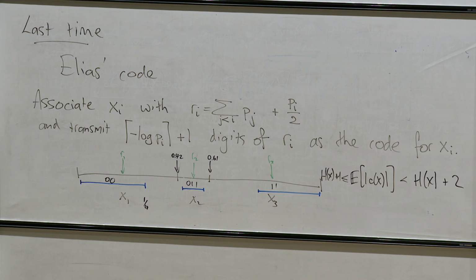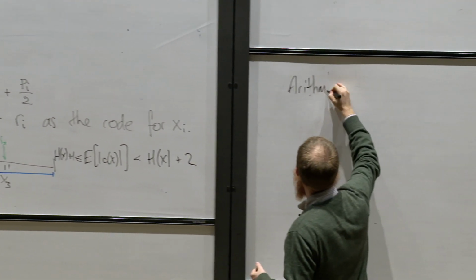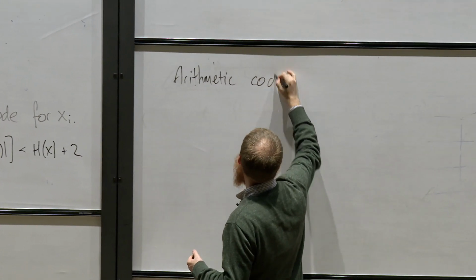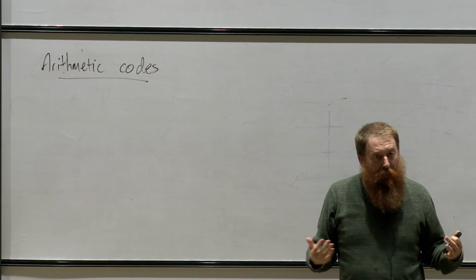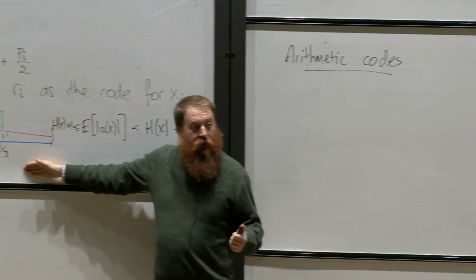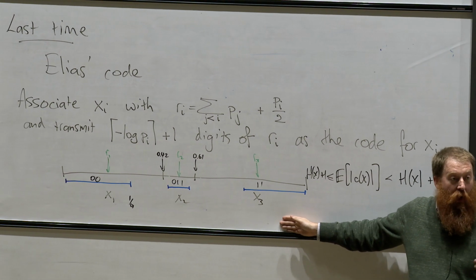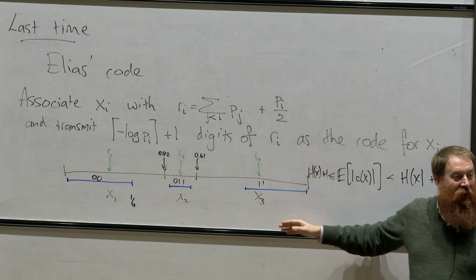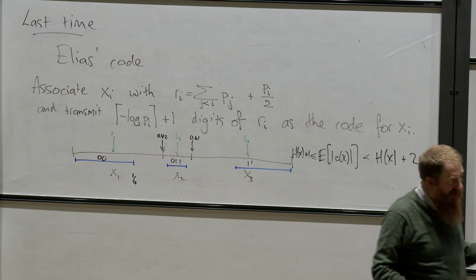The reason this is interesting is it feeds into arithmetic codes. Now, arithmetic codes, as I said yesterday, can be seen in a couple of different ways. One is just as the block version of Elias's code. You take Elias's code and you apply it to blocks of length n, then you're going to get something which is far more refined, and it generates what we call the arithmetic code.